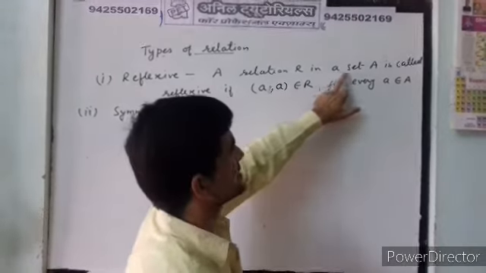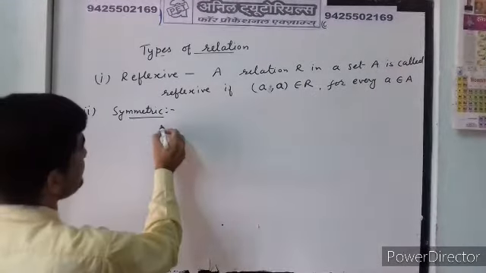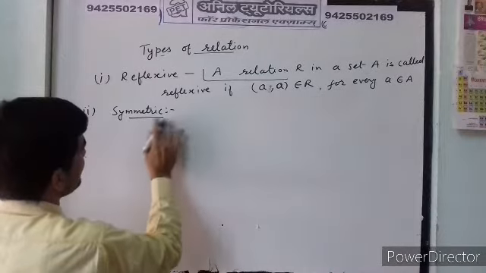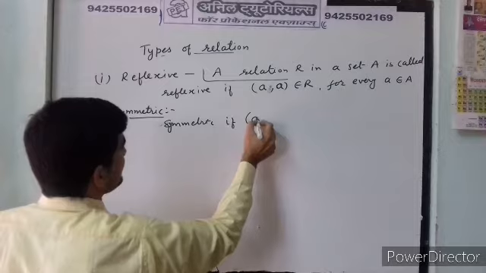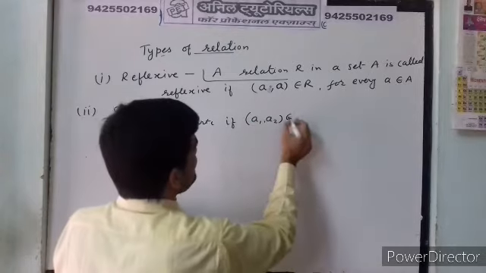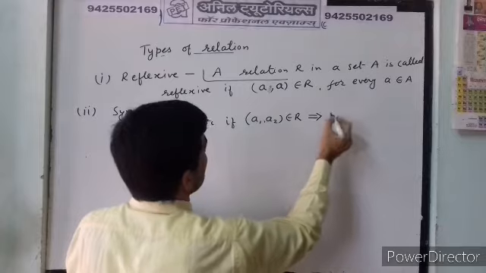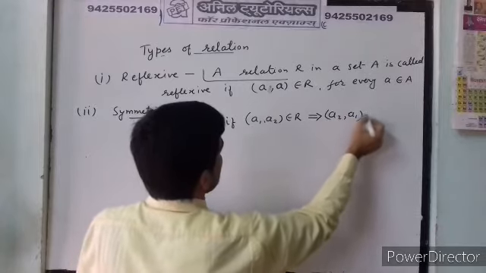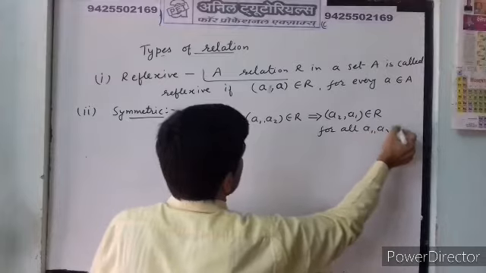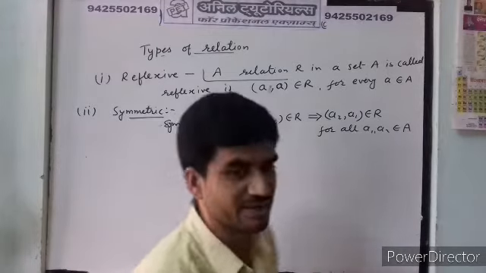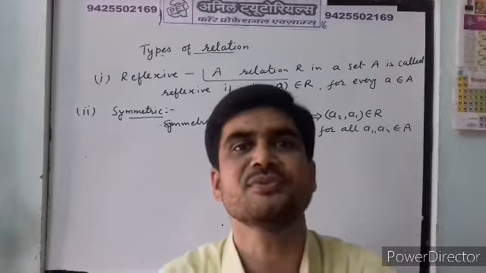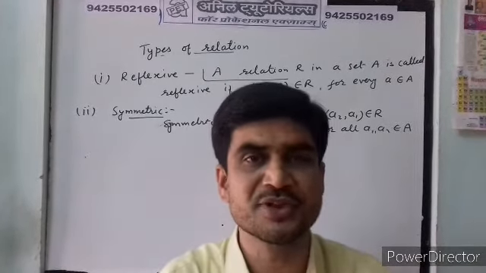A relation R in a set A is called symmetric if, taking the element (A1, A2) of the Cartesian product that belongs to that particular relation, that implies that (A2, A1) will also belong to the relation, for all A1, A2 belonging to set A. From set A, if you take the element (A1, A2) and it is in the relation, then (A2, A1) should also be in the relation.